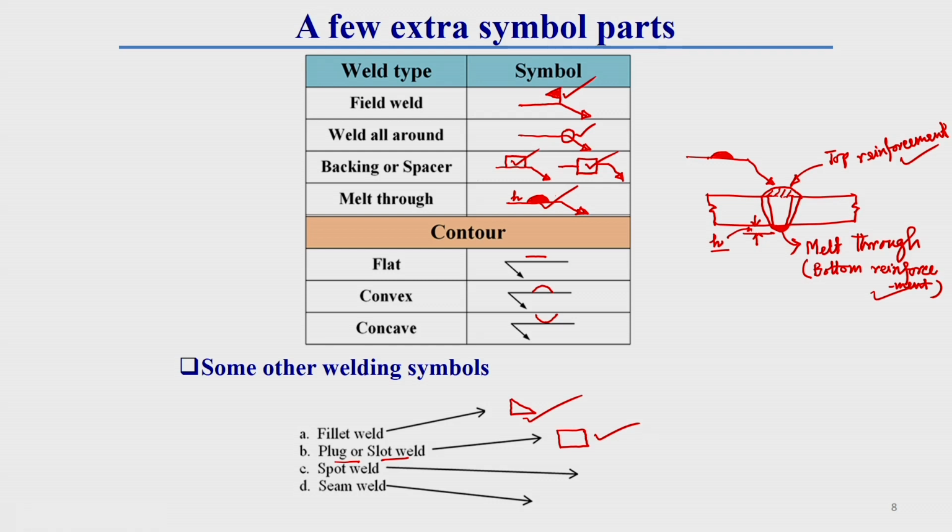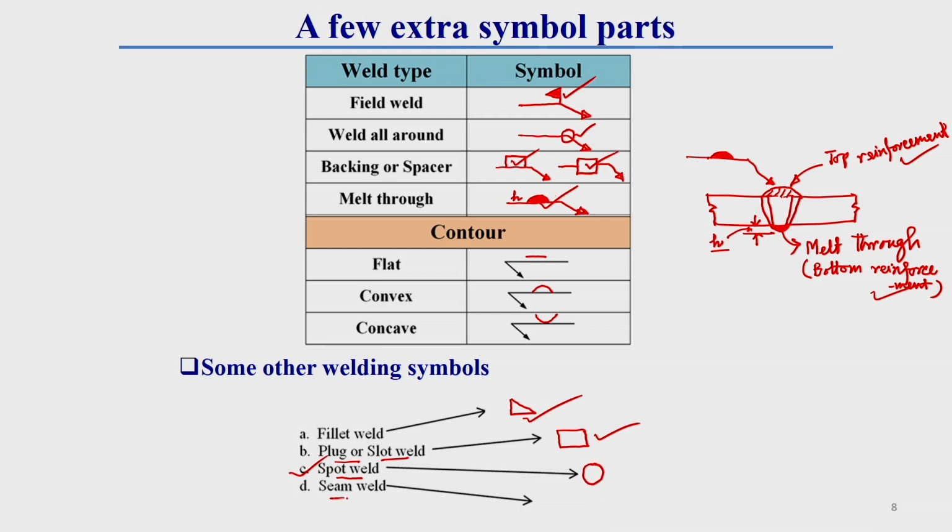If it is a plug weld or slot welding, it is generally used for a lap weld joint. So, a rectangular box in the welding symbol means we have to do either plug or slot welding. For spot welding, it is represented by a circular symbol.